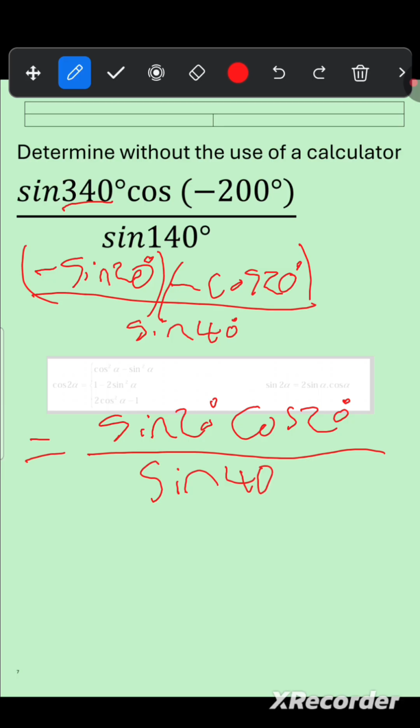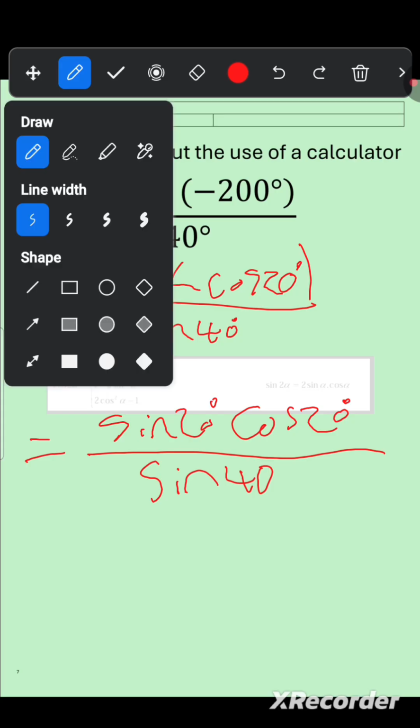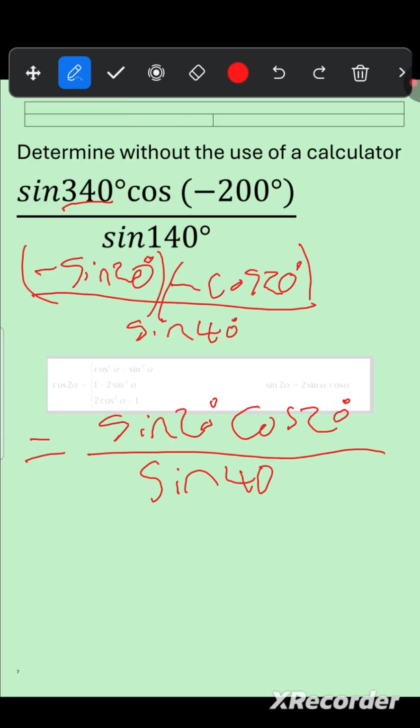And if you look at the relationship between the angles, 40 is 2 times the 20. So it's a double angle identity. Think about double angle identity. So this one wants to relate to the double angle identity of sine.